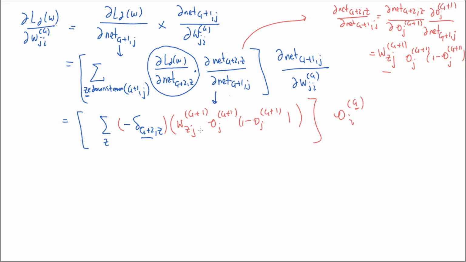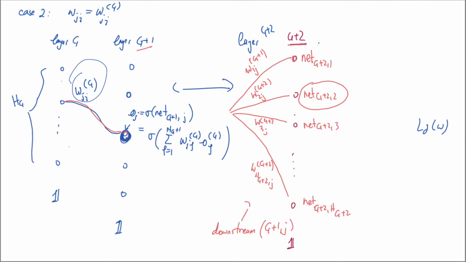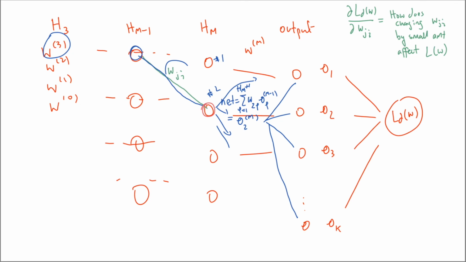Now I'm going to write the gradient descent, the SGD update, because now we actually have computed the derivative. Hopefully, this summation over the downstream makes sense; I tried to motivate it by talking about the effect that this weight has on the future layers.